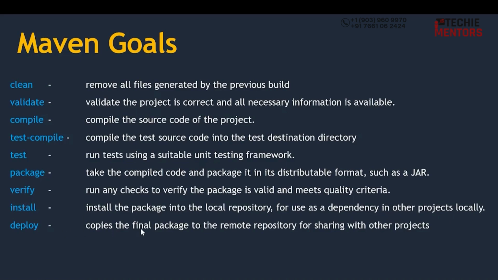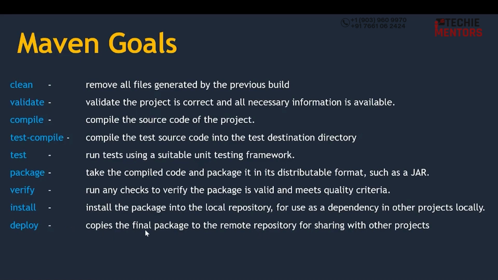Next, deploy. Copies the final package to the remote repository for sharing with other projects or other developers. Remote repository and local repository, anyway, we are going to discuss later. It is nothing but a centralized repository where we can store our files so that other projects or other people who want to use it can use it.